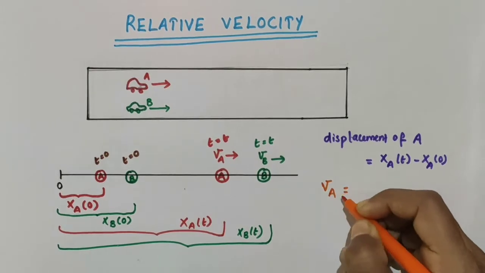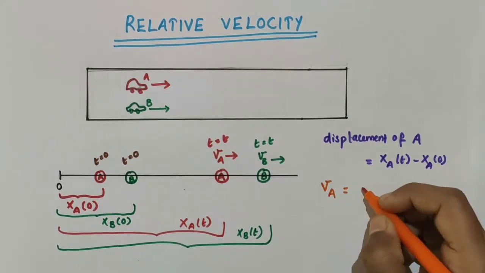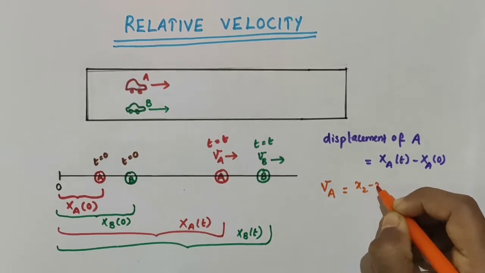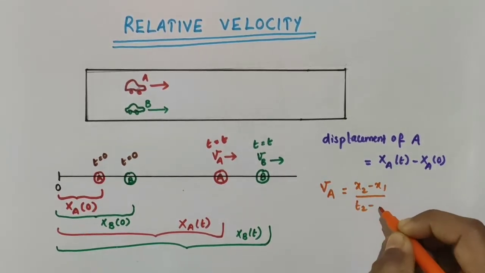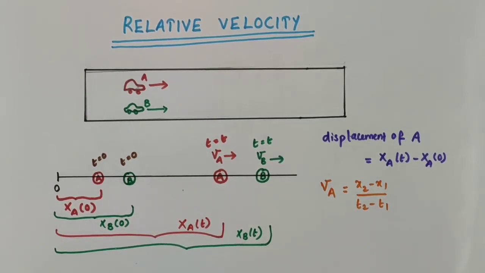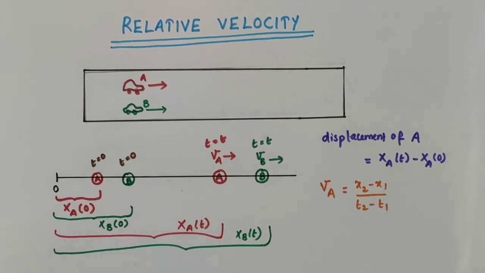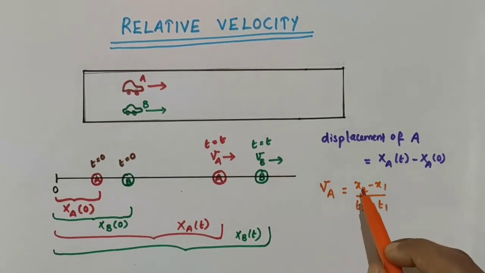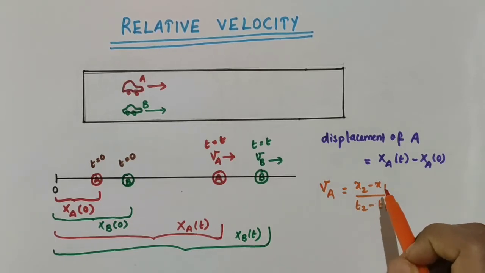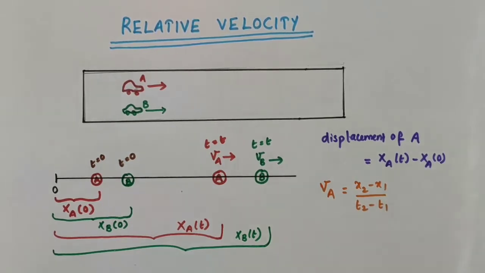So average velocity is actually displacement divided by time, x2 minus x1 divided by t2 minus t1. This is a general expression for average velocity, where x2 is the position of the object at time t2, and x1 is the position of the object at time t1.